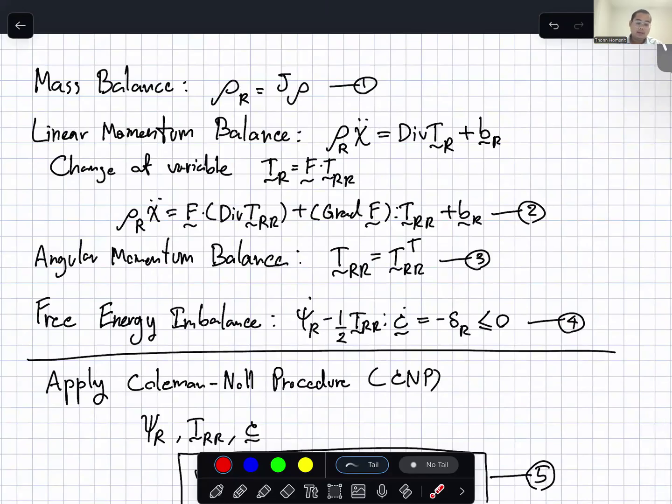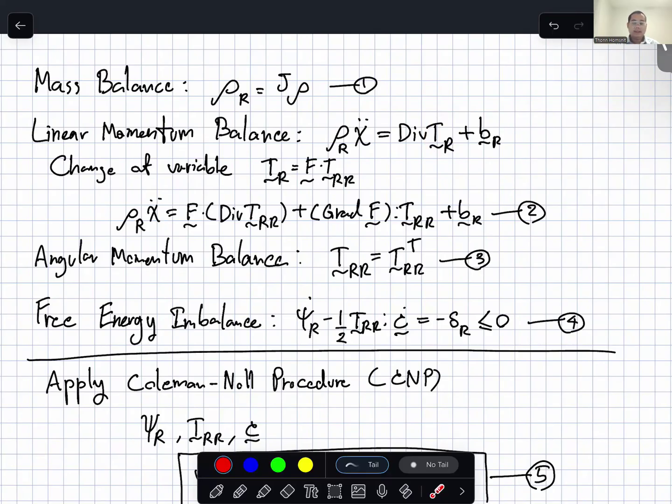First, we know that the mass is balanced, and we have the linear momentum balance, this equation. In the lecture, we changed the variable to work with the TRR, or the second Piola stress, because when we reach the point where we have to apply the principle of material frame indifference, we will see that the first Piola stress is neither frame indifferent nor frame invariant.